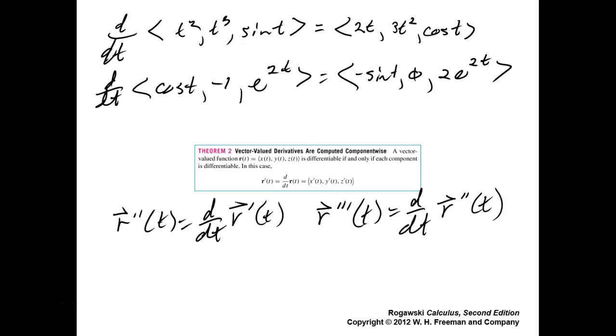Now, example 2. Let me start over from a clean page.